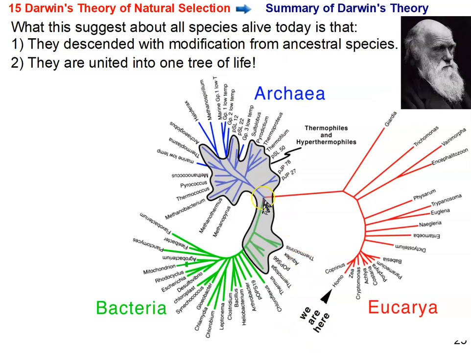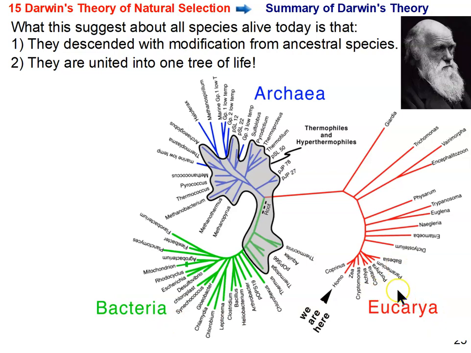It starts in the middle here with a last universal common ancestor, a LUCA, and branches off into 3 major branches. And those 3 major branches are what we now consider the 3 domains of life: Archaea, which means ancient, Bacteria, which you know what they are, and Eukarya, that includes everything else.